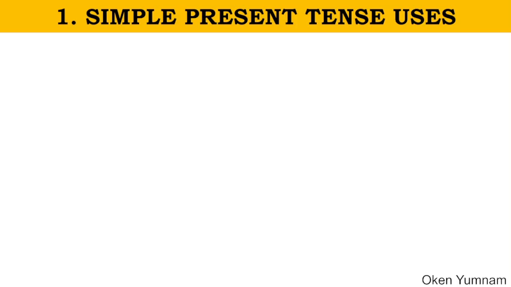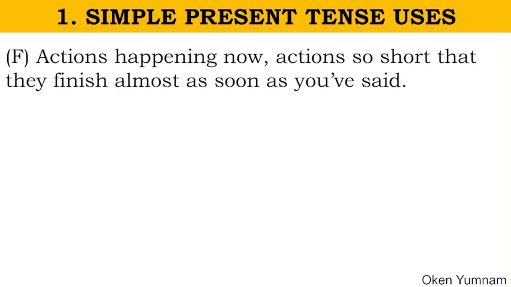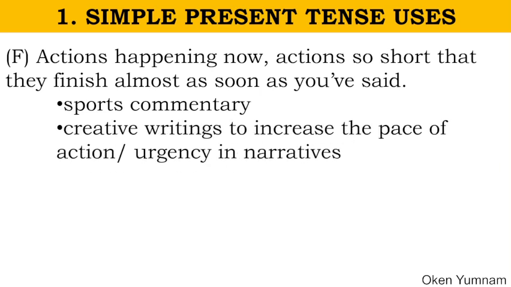Coming to another use of simple present tense, we use this about actions happening now. Actions are so short that they finish almost as soon as you have said it. Example here, in sports commentary in television or in stadiums, or even in creative writing to increase the pace of action or urgency in some narratives. Let's have a look at some of the examples here.